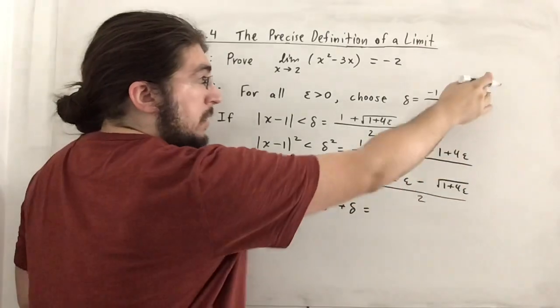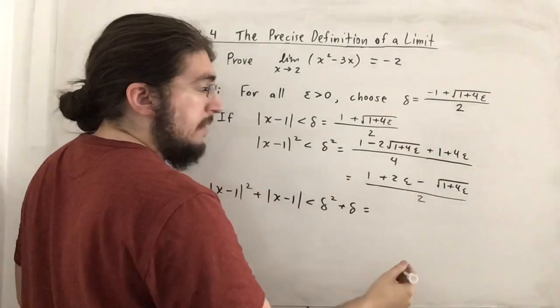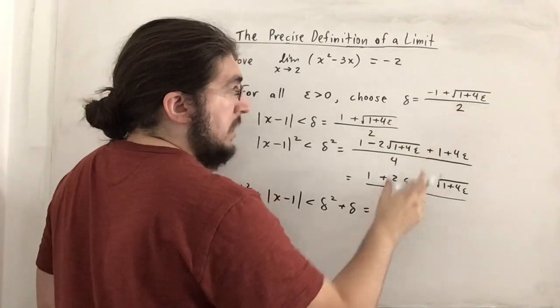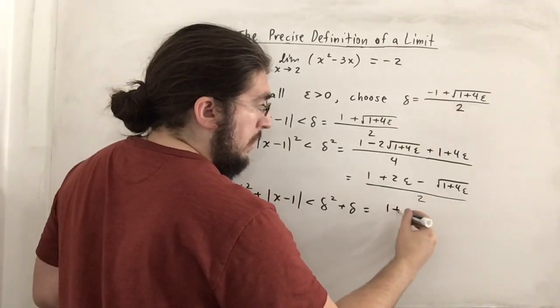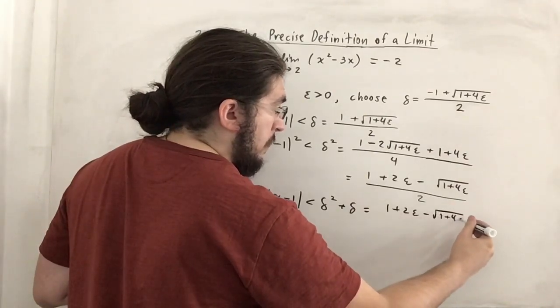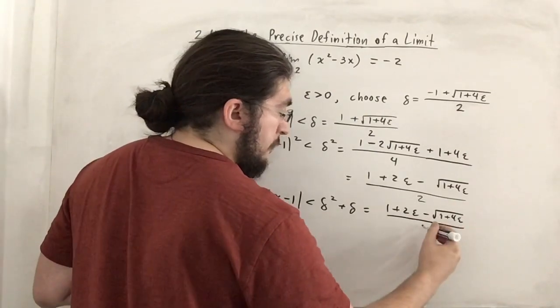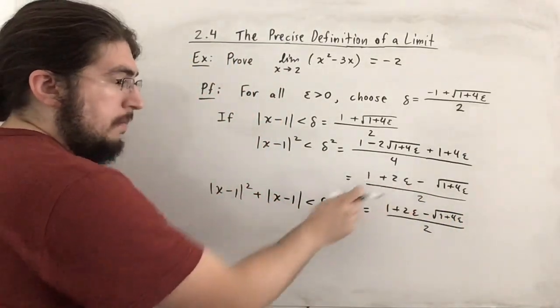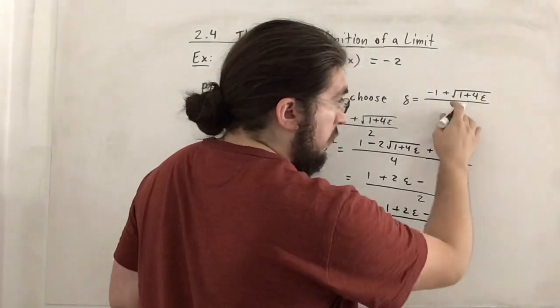So notice doing that will cancel the radicals and actually cancel the -1s. So that'll just give you, well, let's see. If you actually add those, you'll get 1 plus 2 epsilon minus that radical expression, 1 plus 4 epsilon in the square root. That's the square, plus delta, which is all over 2 as well.